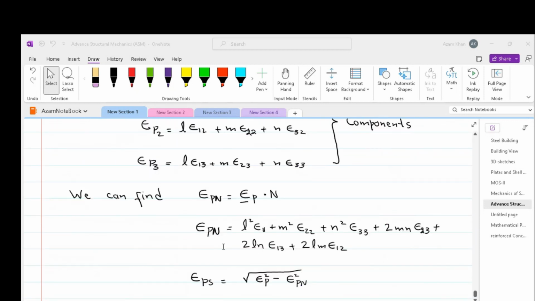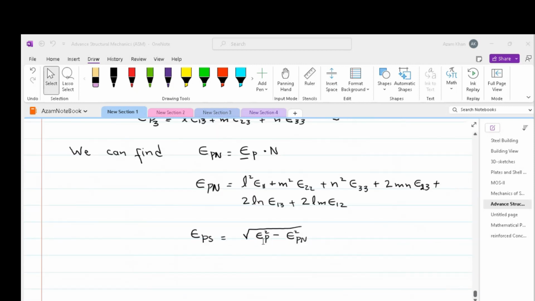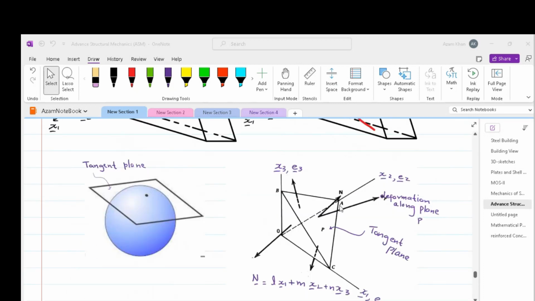The dot product equation is given as L square strain 1 plus M square strain 2 plus N square strain 3 plus 2MN strain 2 plus 2LN strain 1 plus 2LM strain 1. Having worked out strain P and strain Pn, we can use the Pythagorean theorem to get our shear strain on the face ABC.